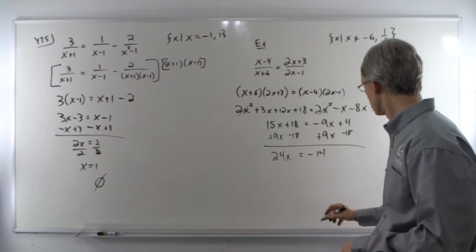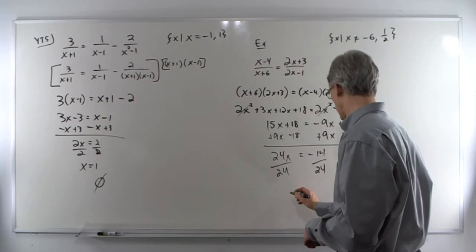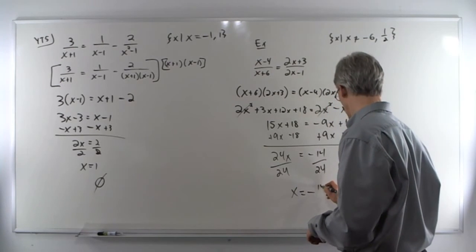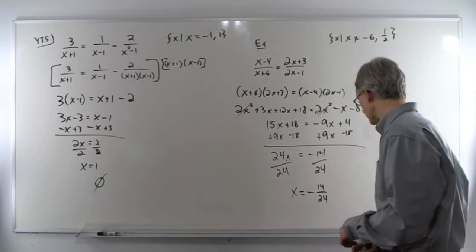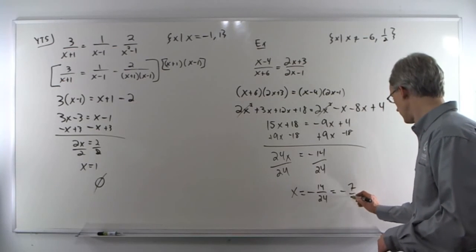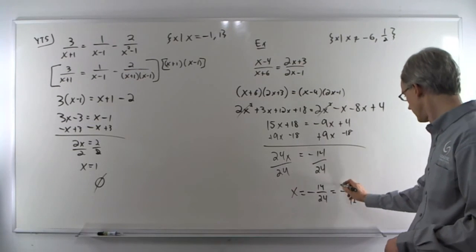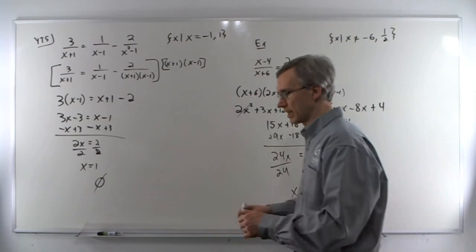And we get 24x equals negative 14, solving for x. We get x equals negative 14/24, which reduces to negative 7/12. That's not one of the excluded values, so there's our solution, negative 7/12.